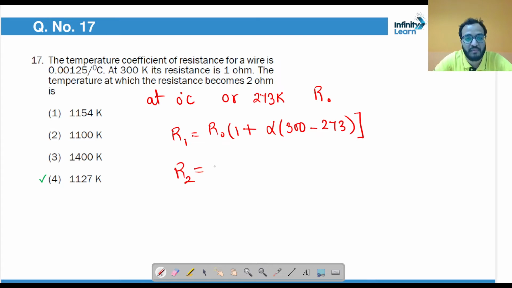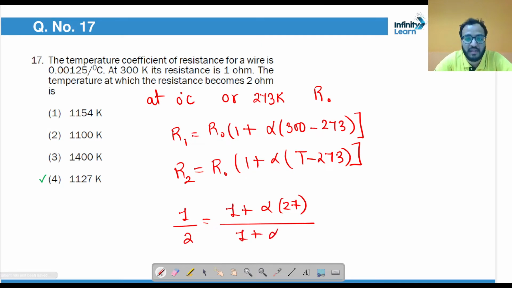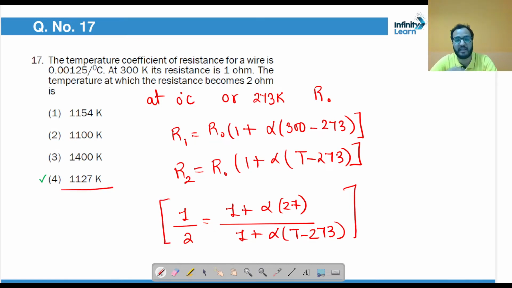And R2 will be R0 into 1 plus alpha into T minus 273. Now you take the ratio. R1 is 1, R2 is 2. It will be 1 plus alpha into 27 upon 1 plus alpha into T minus 273. Now once you solve it, you will get this answer. Clear? Any doubt?